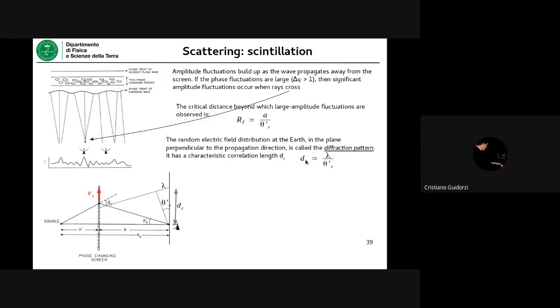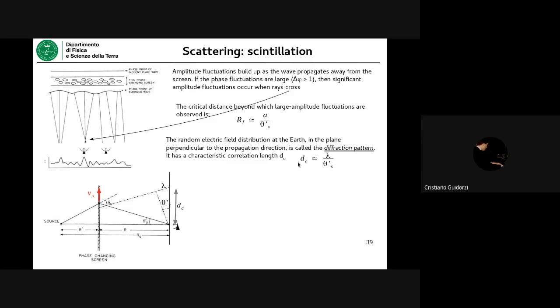And so dc times theta s prime is lambda, so dc is lambda over theta s prime. Lambda is a property of the wave you have in mind. Theta s prime is determined by the scattering process, by the refractive processes, so by the inhomogeneities in the density of the screen, and the distances between source, screen, and observer.